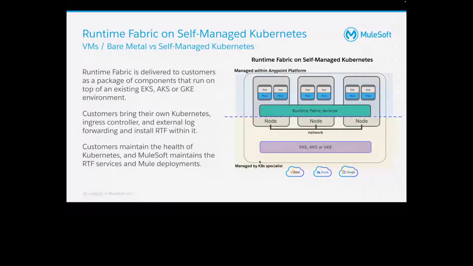So basically here, the benefit of using self-managed Kubernetes is that the customer need not provision the bare metal infrastructure, the disk space, additional on-prem Kubernetes instances and all of that. All that is provided by your EKS. All you need to do is set up your nodes within the cloud offering.